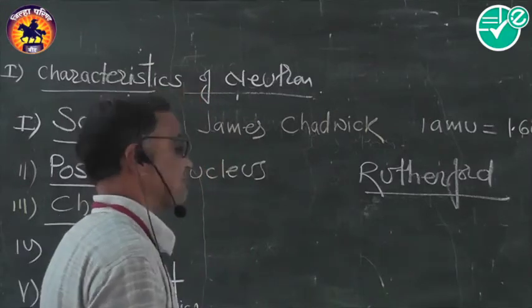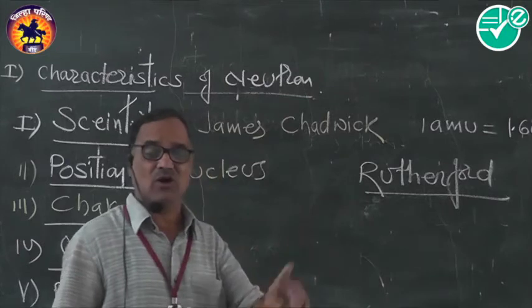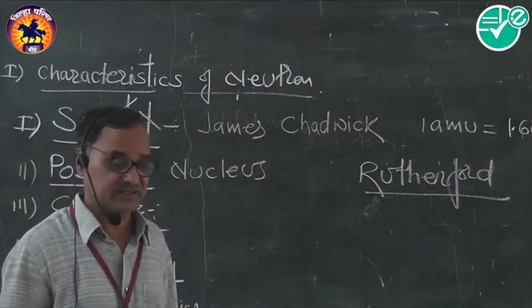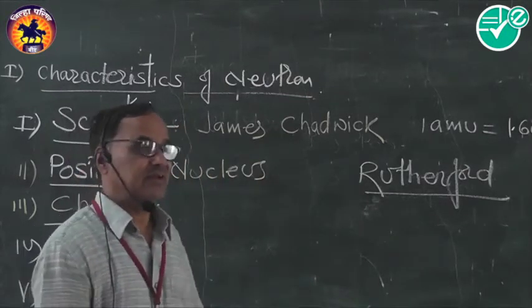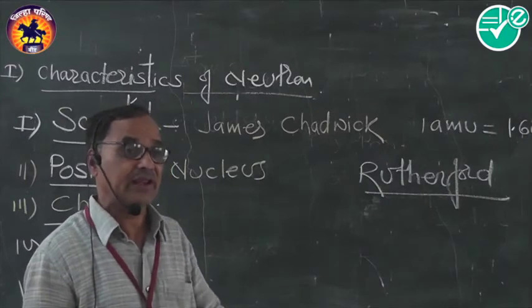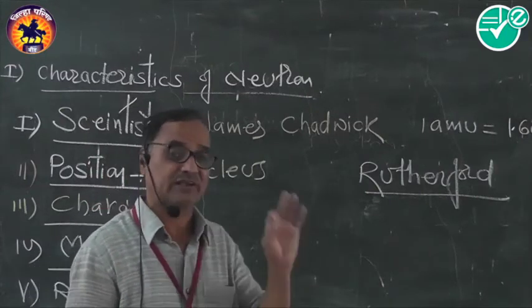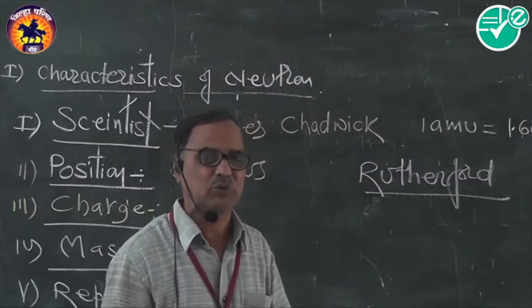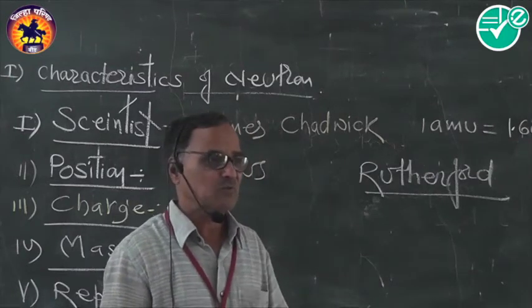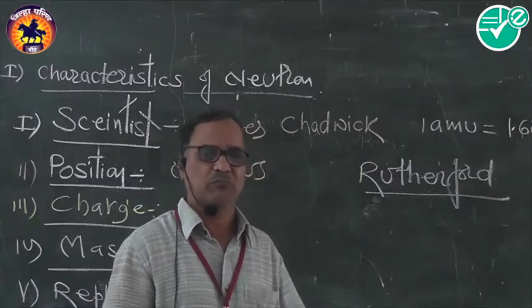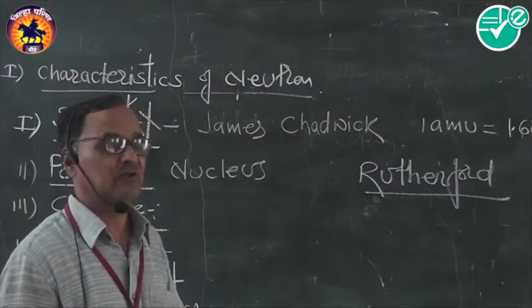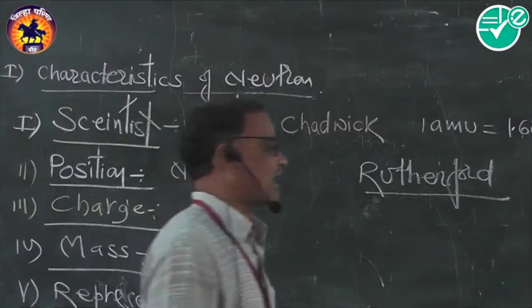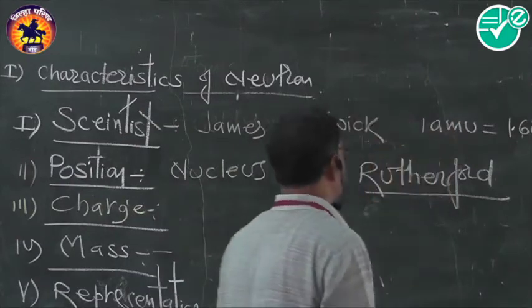Gamma is called a ray instead of a particle because it has a very negligible, minute mass when compared to protons, neutrons, and alpha and beta particles.